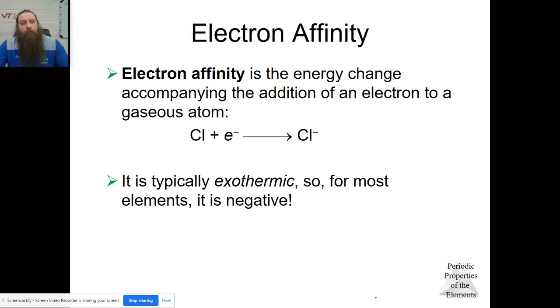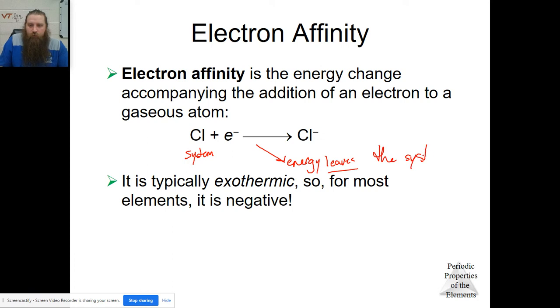But we're thinking about it like this: chlorine is the system that I'm studying. When I add that electron, energy leaves the system. So we say that for the system itself, the amount of energy there is less than before.